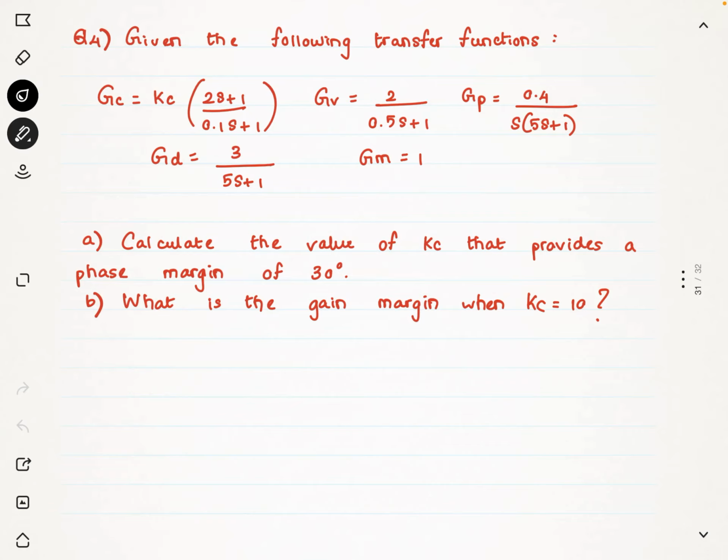So question 4 is very similar to question 3, just that we have more math to do. We have been given the controller transfer function GC, valve transfer function GV, GP, GD, and GM. If we draw the loop, it should look something like this, because we have a negative feedback.